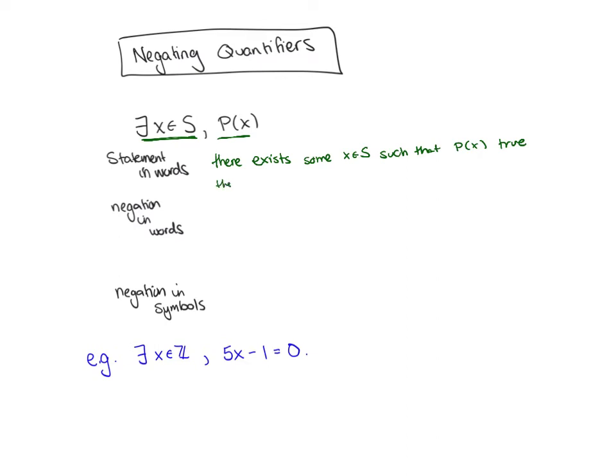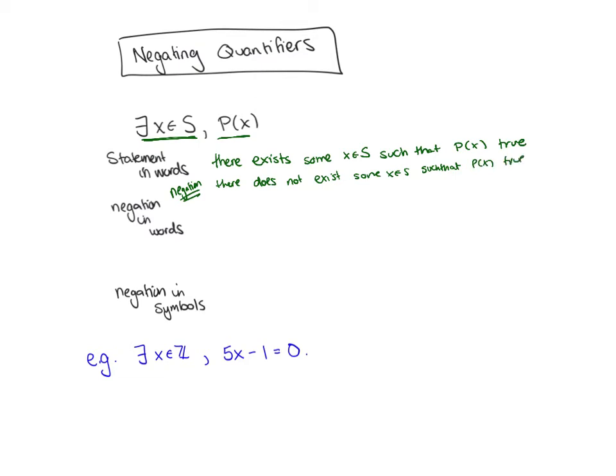There does not exist some x in S, so let me just make it clear that I'm negating this here. I'm not writing the same statement. There does not exist some x in S such that p of x is true.